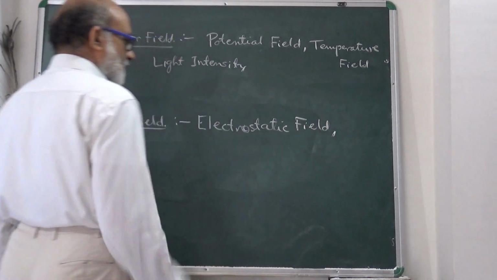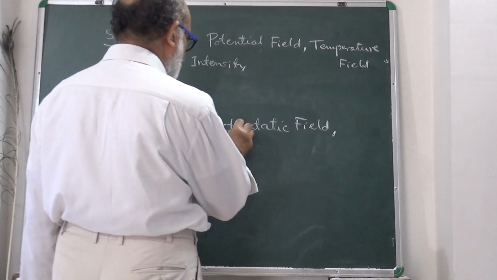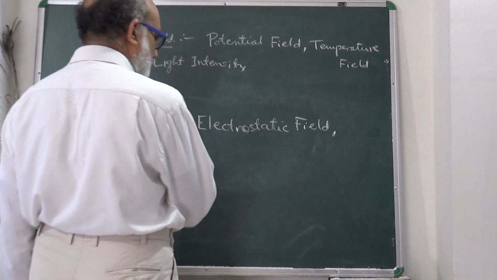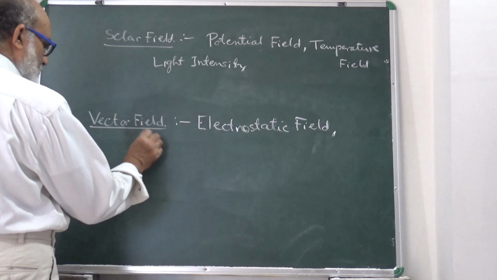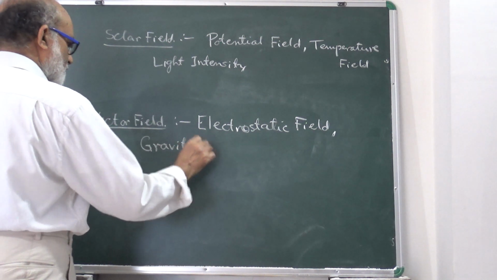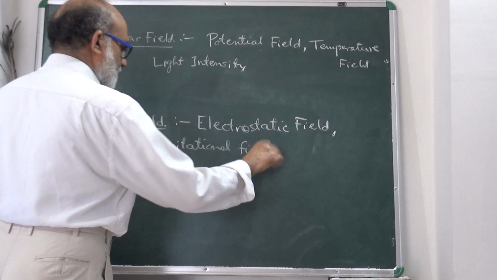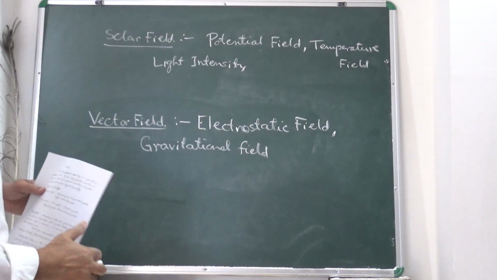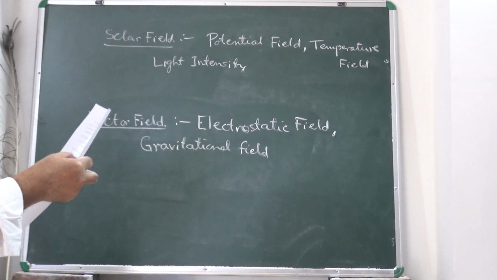This is the force experienced by a test charge. So this is the force field. Force is a vector quantity. Gravitational field is also a force field. And so on. So we can divide fields into two categories: scalar field and vector field.